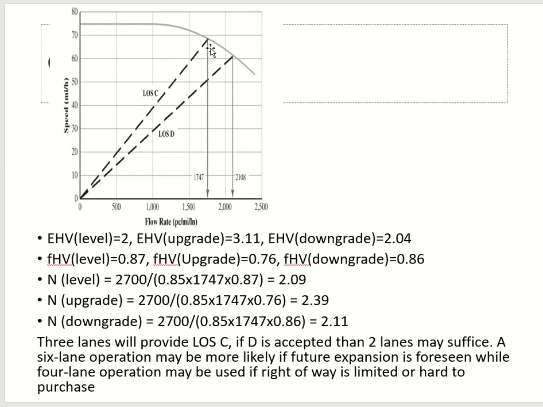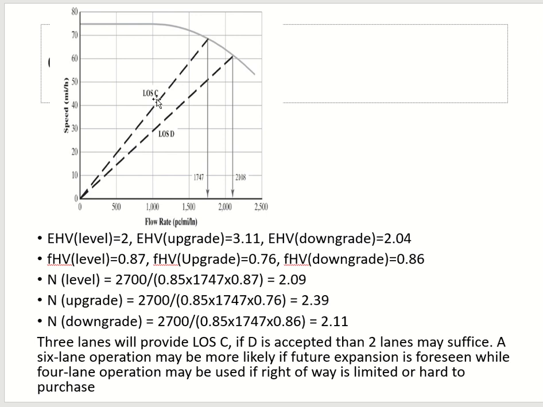These are some more values which they have taken between the breakpoint and the capacity, and they plotted the curve. After that, this is a line for level of service C. This is a line for level of service D. Level of service C has a maximum density of 26 and D has a maximum density of 35.